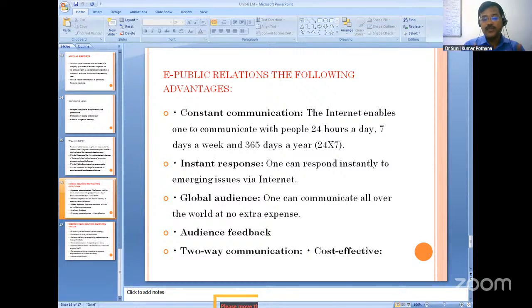And instant response. One can respond instantly to emerging issues via the internet. Global audience. One can communicate all over the world at no extra expense.